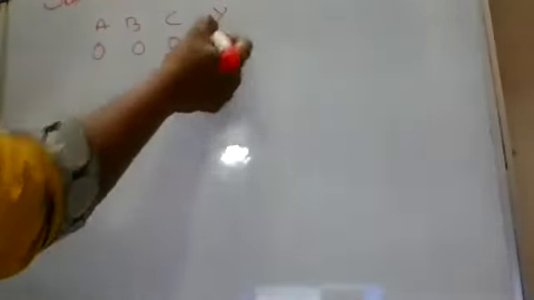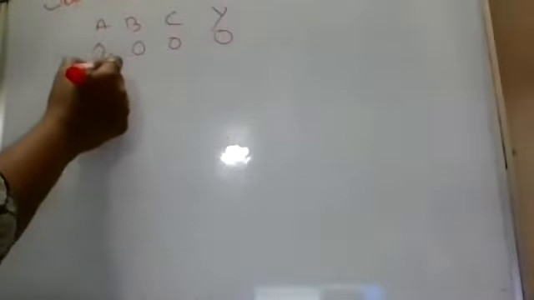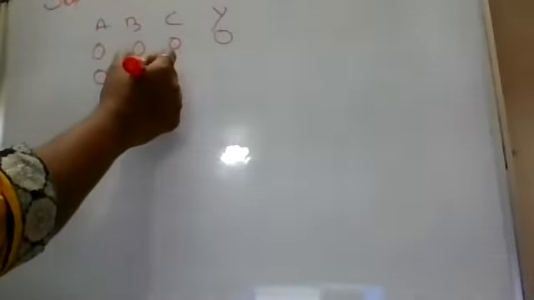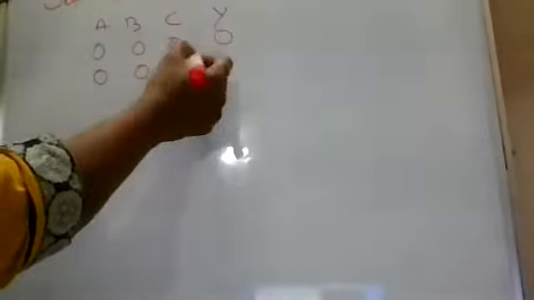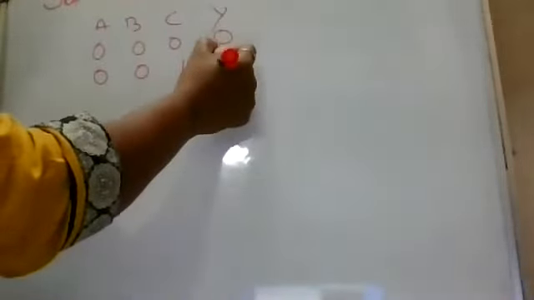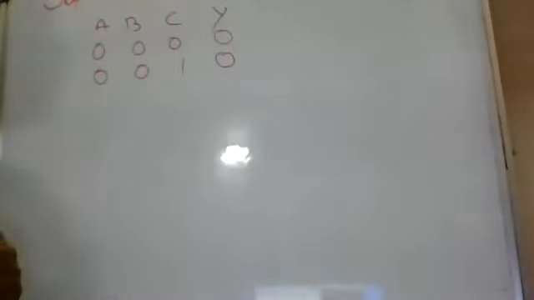So here we get the minterms A, B, C, Y. For 0, 0, 0, all variables in low condition, we get output in low condition. And for A low, B low, C high, we get low output.